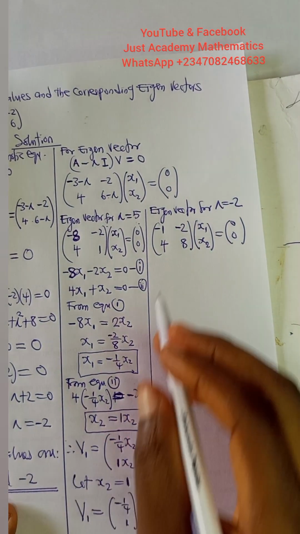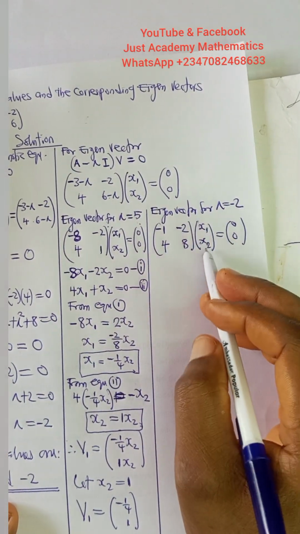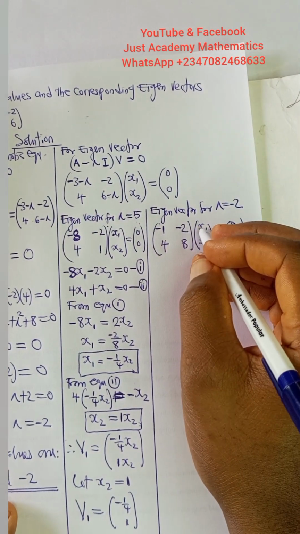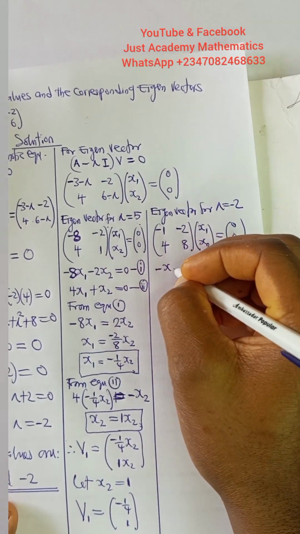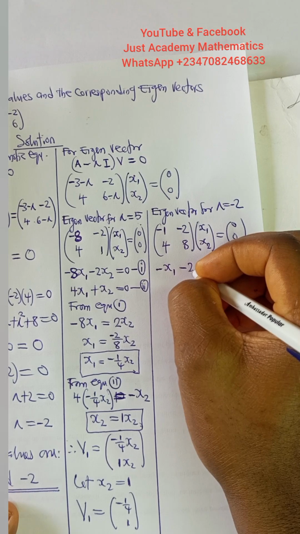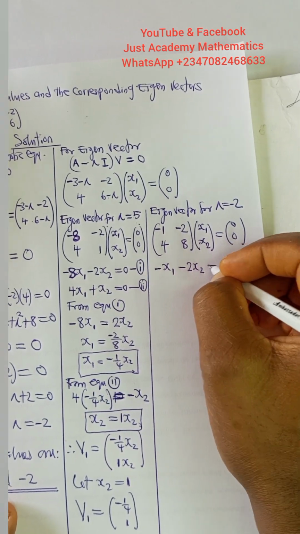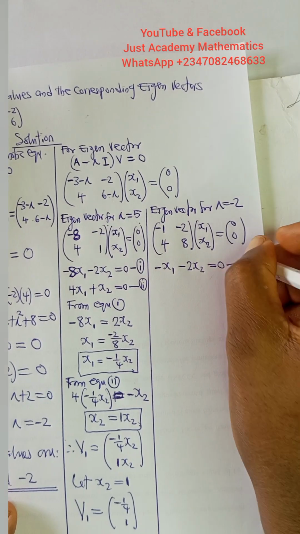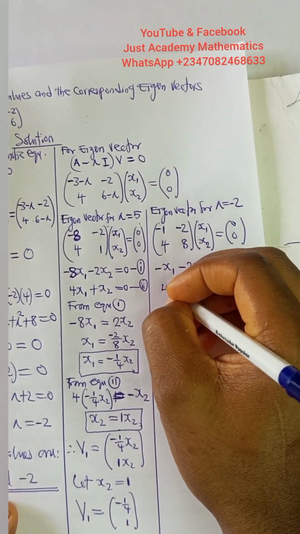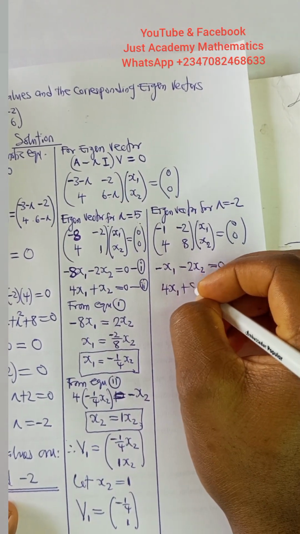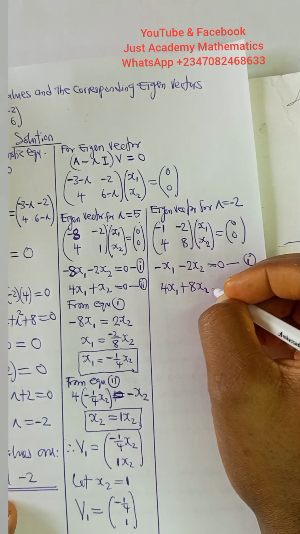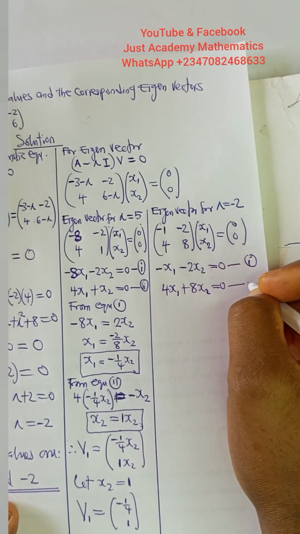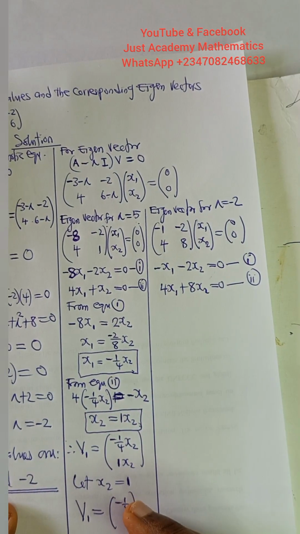So again, we derive the equation row times column. Minus 1 times x1 will give me what? Minus x1 minus 2x2 is equals to 0. We call this equation 1. We do the same thing for the second line. 4x1 plus 8x2 is equals to 0. Equation 2.